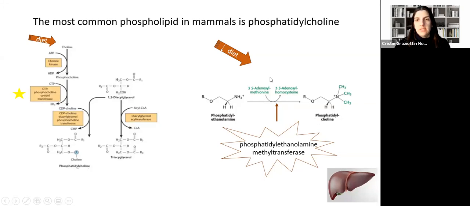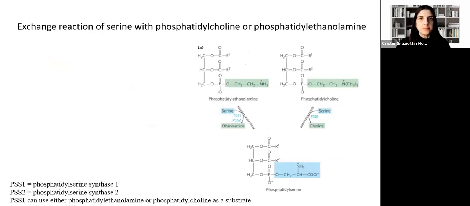For this, we need S-adenosylmethionine and the action of the enzyme phosphatidylethanolamine methyltransferase, and this happens in the liver. Once we have phosphatidylethanolamine and phosphatidylcholine, we can have an exchange reaction with serine, removing ethanolamine or choline and replacing it with serine to produce phosphatidylserine.